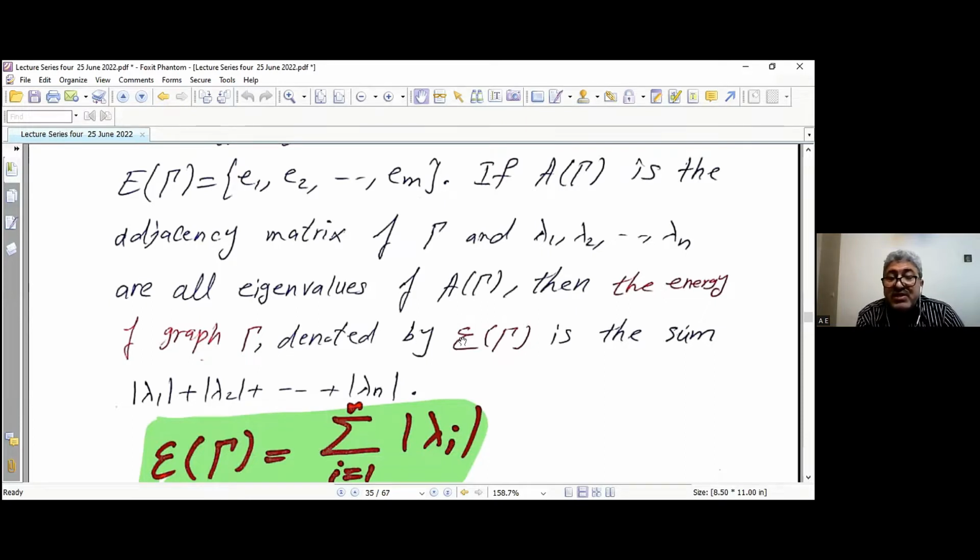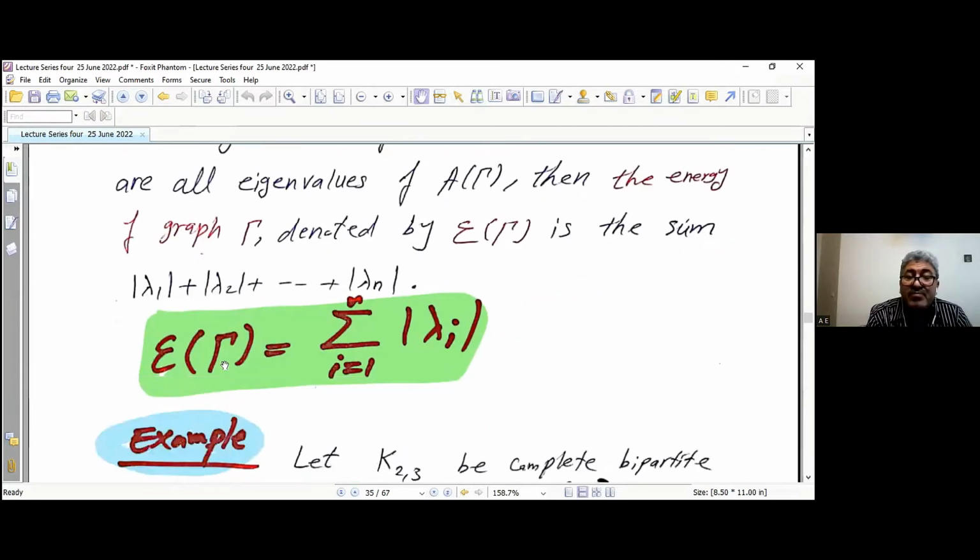So the energy of a graph gamma is the sum of the absolute values of all eigenvalues of the adjacency matrix. That is, the energy of gamma is the sum of the absolute values of lambda i, from i equals 1 to n. That's the definition of energy.